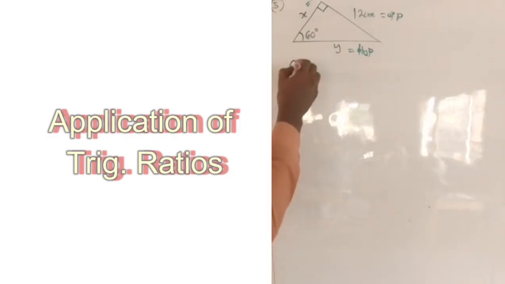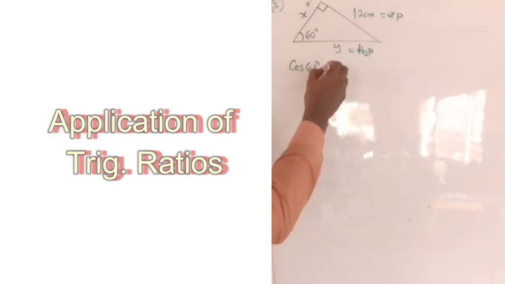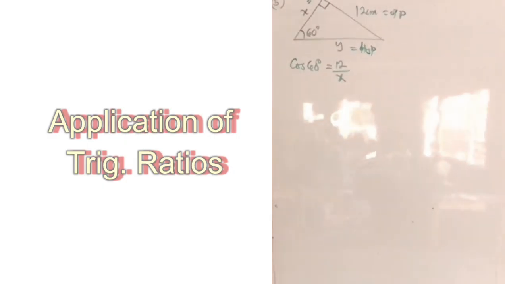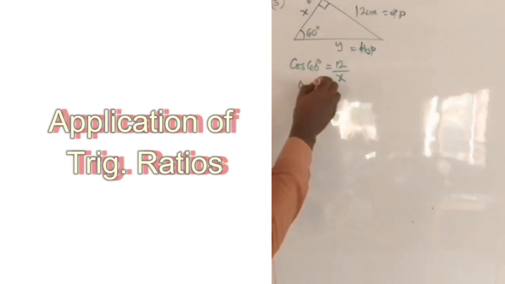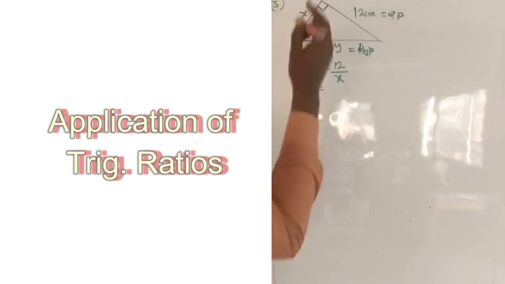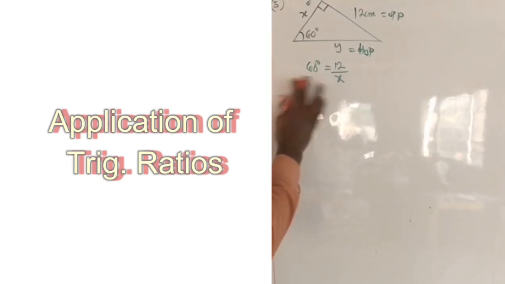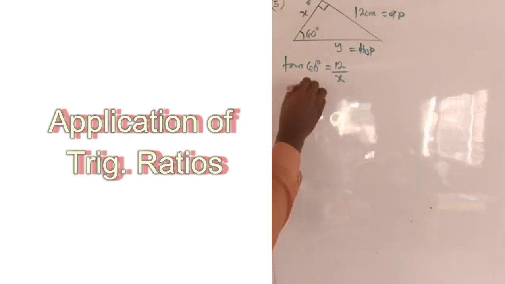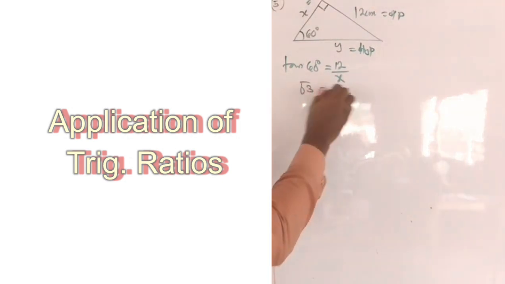Cos. So it means in this case, do cos 60 equals to, what is the opposite? 12. What is the adjacent? X. What is cos 60? 0.5. Sorry, is it tan? Yes. Opposite adjacent, thank you for that. That's tan 60. And what's tan 60? Root 3 equals to 12 over x.